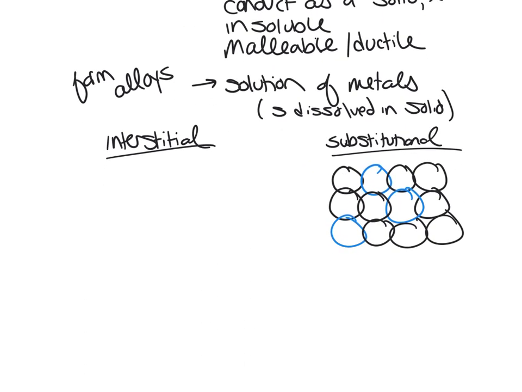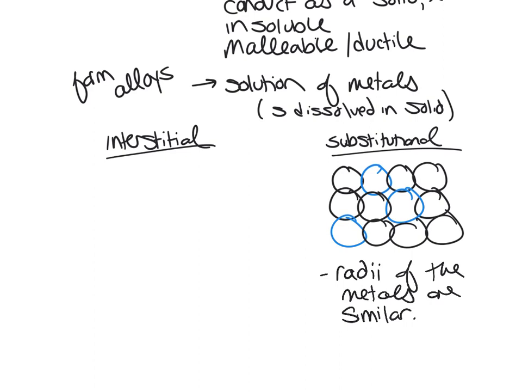You need to know that the radii of the metals are similar. The blue ones are similar in size to the black ones. So instead of just distorting them or getting in the way, I think about like the Princess and the Pea, what they do is they replace them.